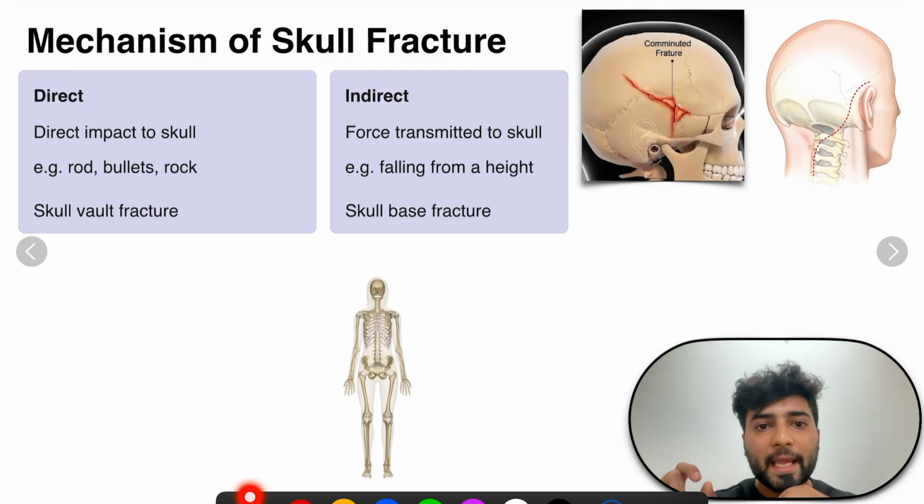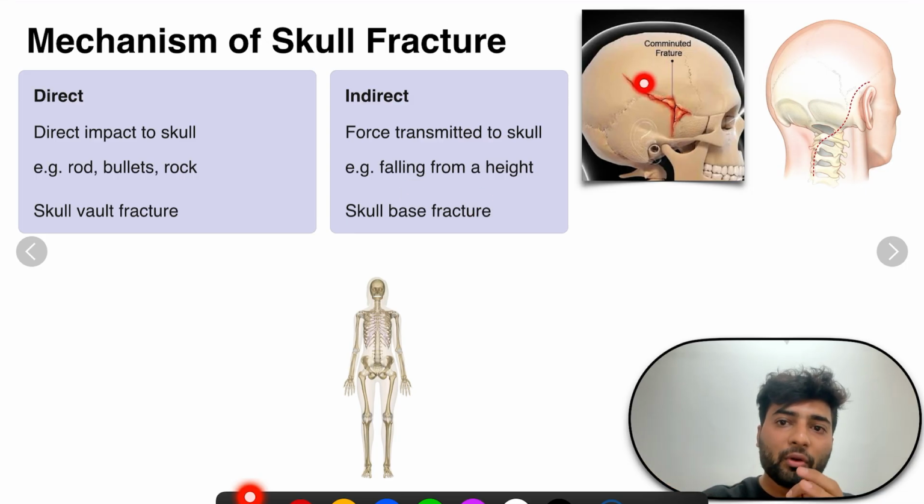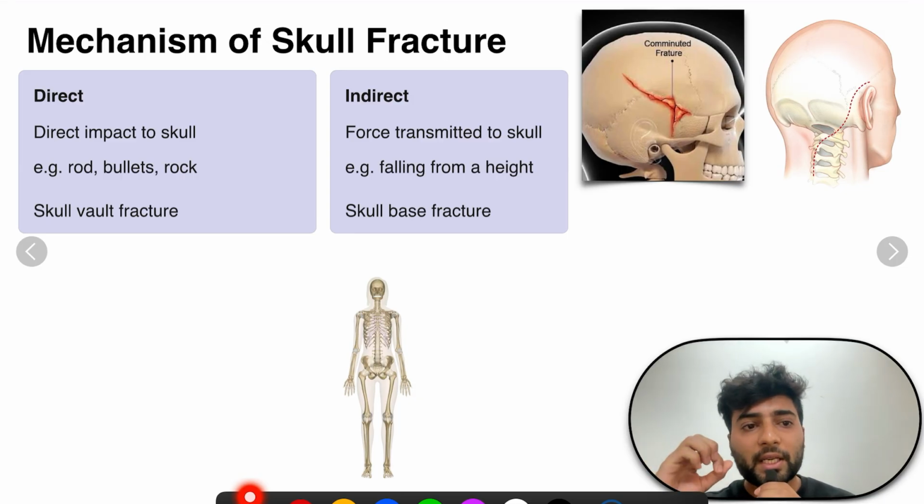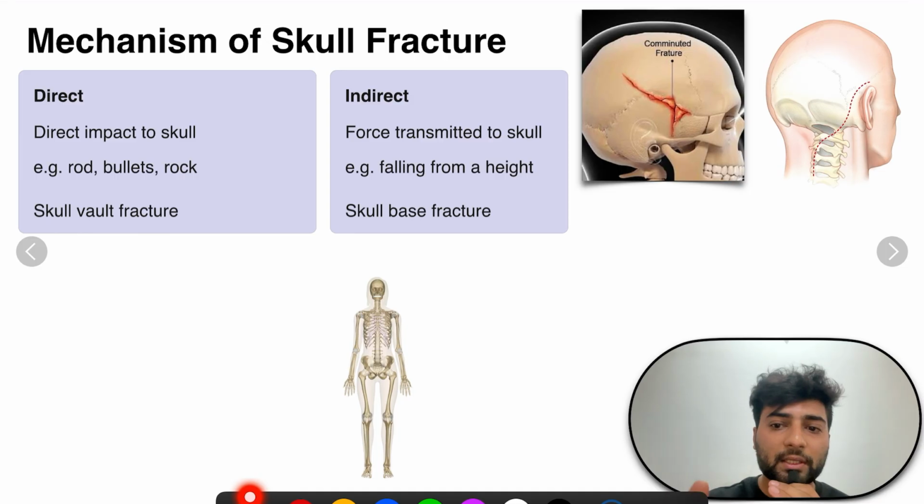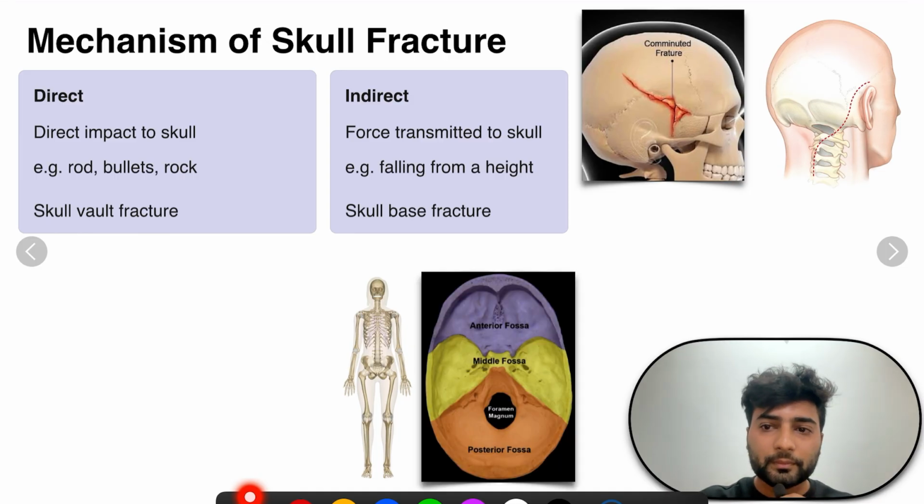So this is indirect impact, and this will result in what? Skull base fracture. So now we learned how the skull vault gets fractured and the skull base gets fractured. Now we'll learn in detail about skull vault fractures and skull base fractures.